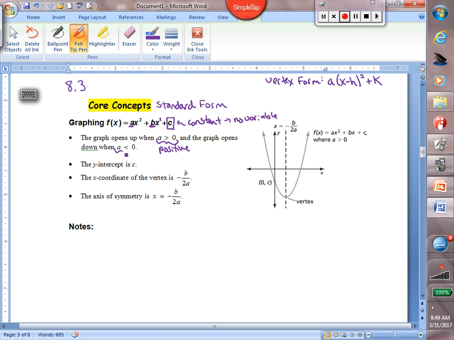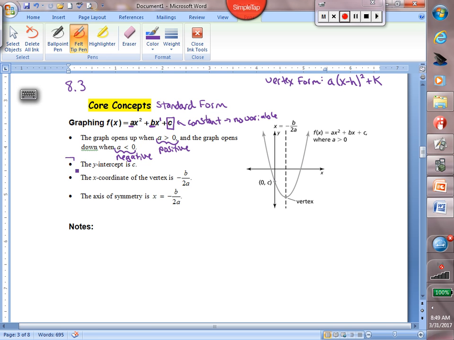When that a value was negative, we had a reflection, and our graph opened down. So that's one of the things that is still the same from vertex form to standard form, which is kind of nice.